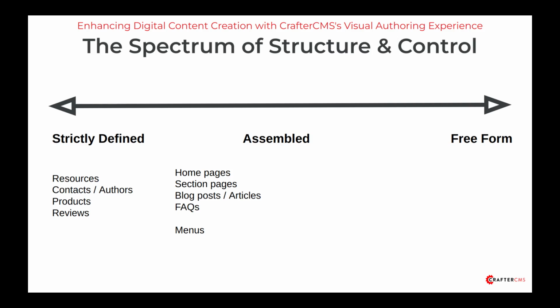And you can see I have this set a little bit more to the structured side of assembled, because these are types of assets and artifacts that you want to have some degree of control over and some ability to change. Today are we going to have a slider at the top of the screen, or are we going to have a video? Are we going to maybe promote or highlight a product and so on?